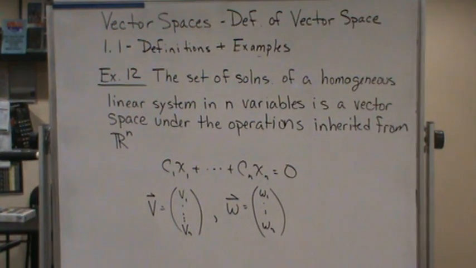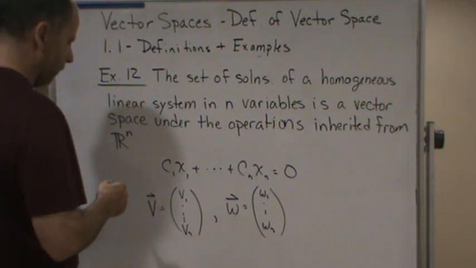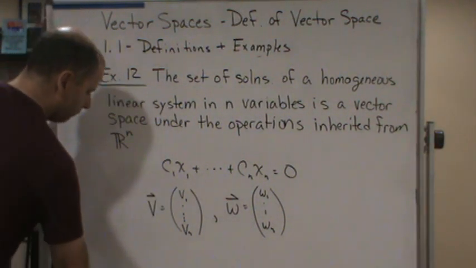Let's say these two vectors satisfy the equation. Then their sum would also satisfy the equation, right? So how would we write that?